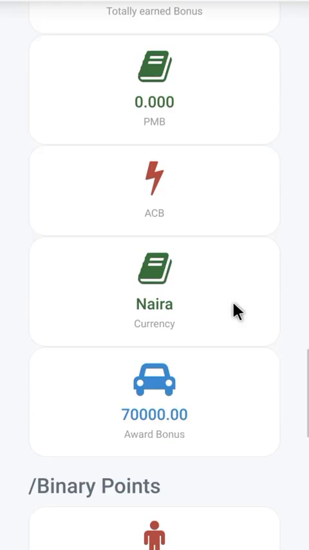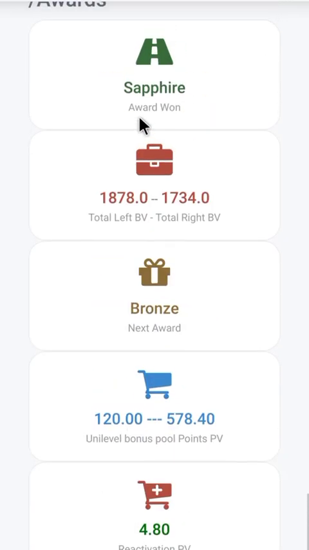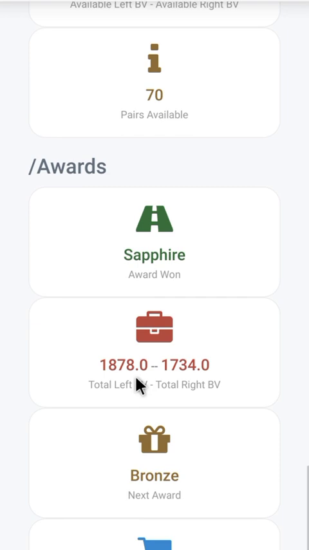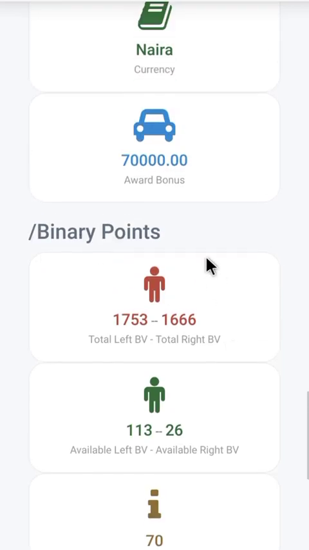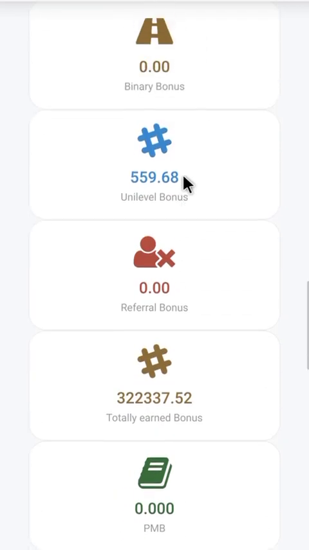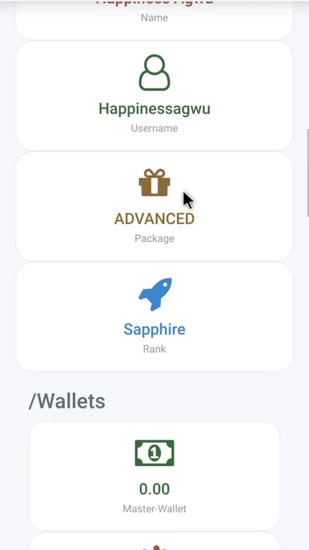So he noticed here under this award PV that the PV is already above 1,500 on the left and right. But at that time he was asking me that question, it was still showing rank none. If you check your back office and you've not qualified for any rank yet, it will show none.